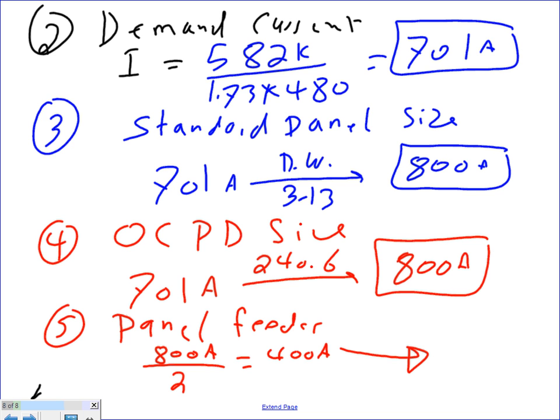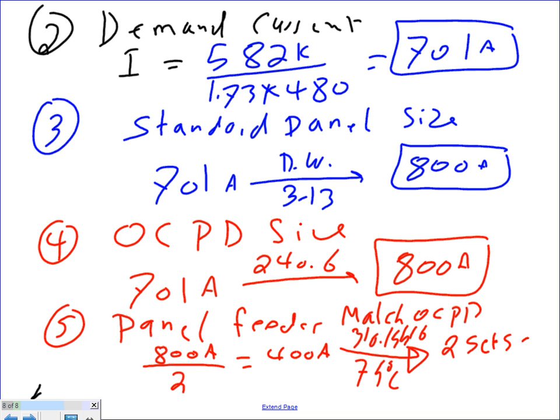I'm going to say match, by the way, match overcurrent protection device. So that's what I did. Then if you go to 310.15 B16 under 75-degree column, you're going to have 600 in it, right? We're going to have two sets of 600 kcm. How many? 4 conductors, because I decided to pull full neutral since I'm not paying for it.